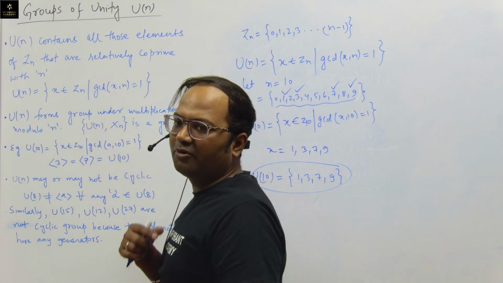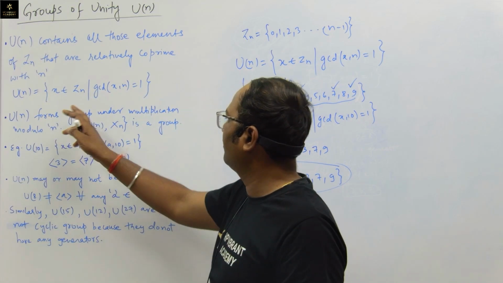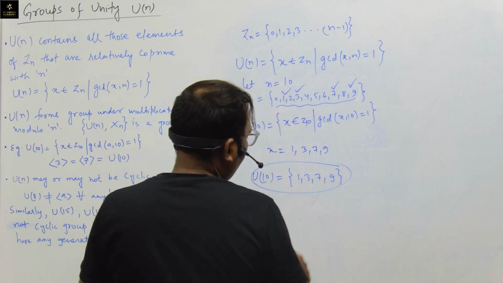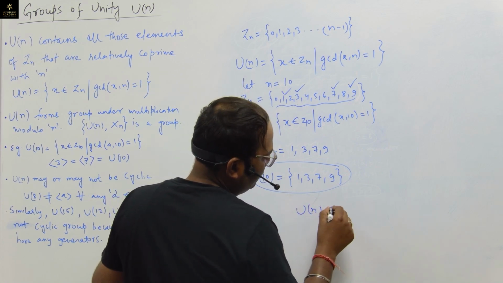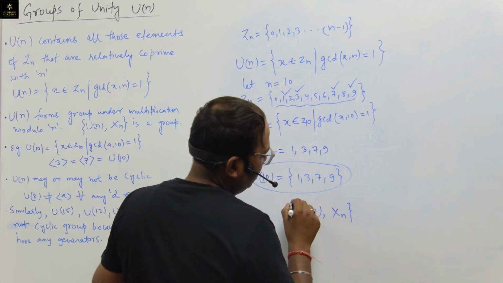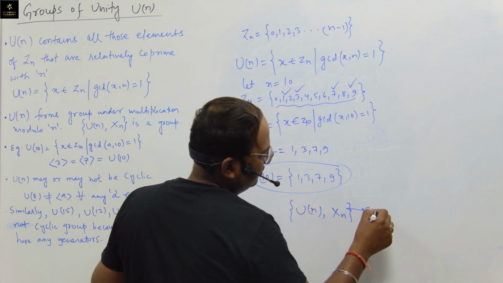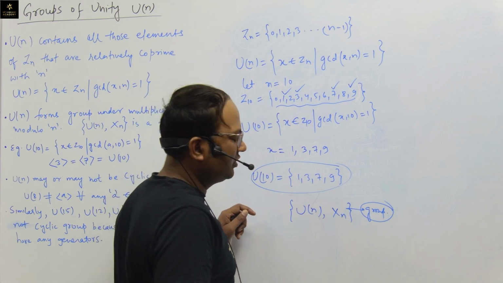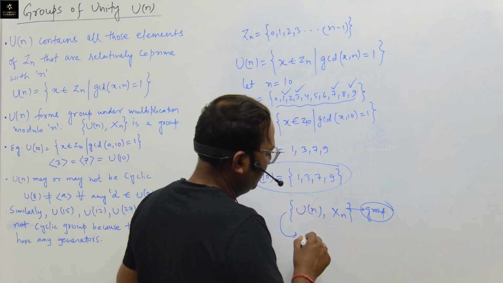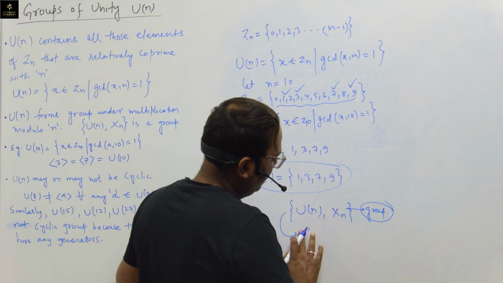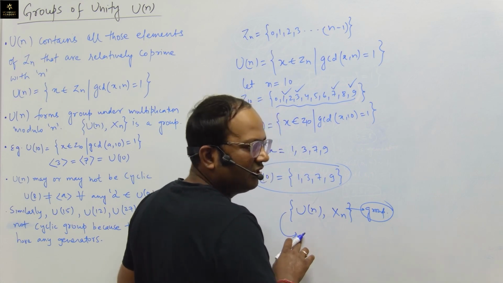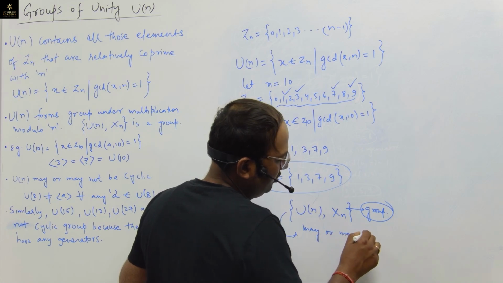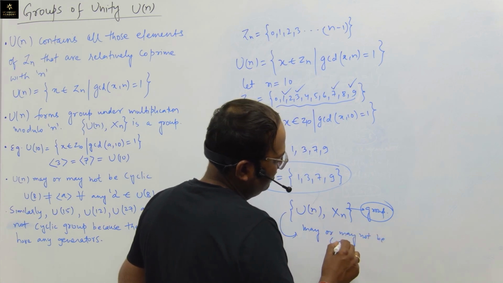An important point to note is that Un forms a group under multiplication modulo n. This is a group. One more point we have to note is that this group of unity may or may not be cyclic.